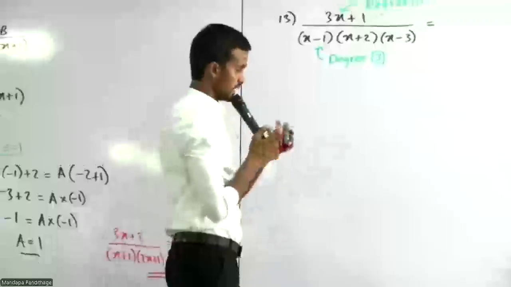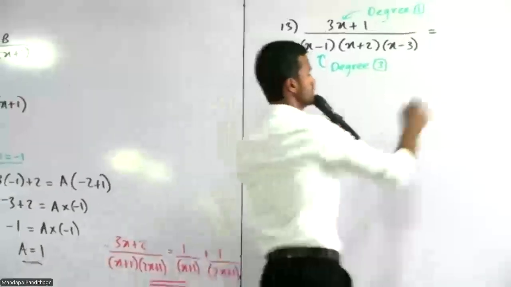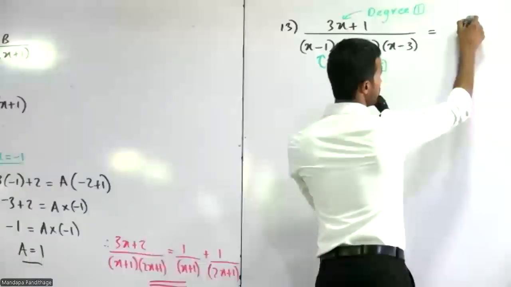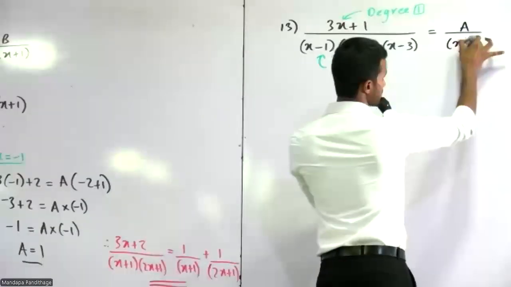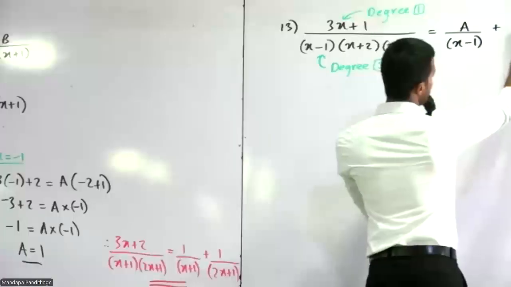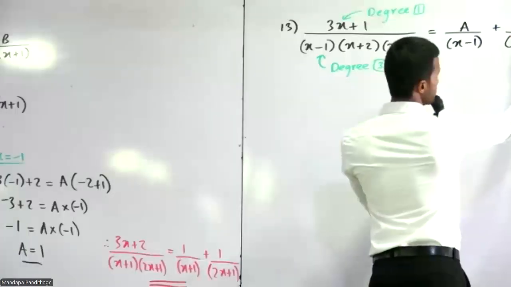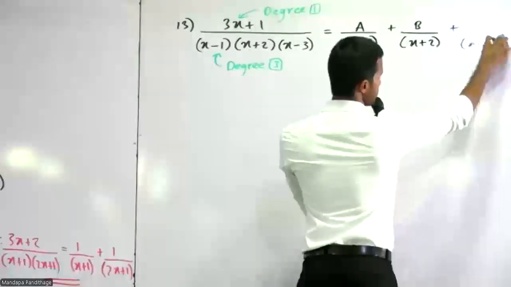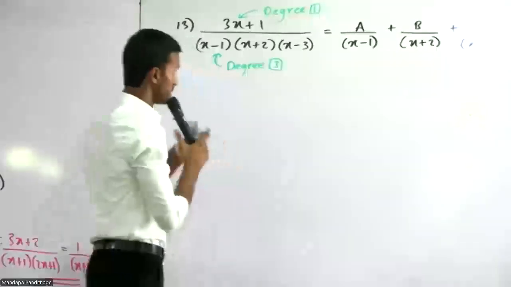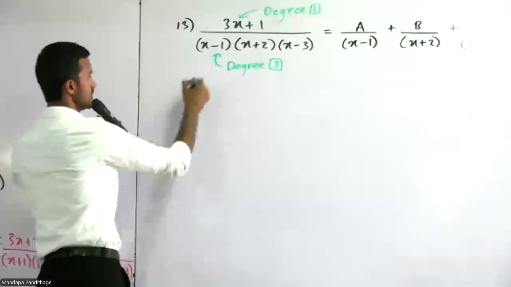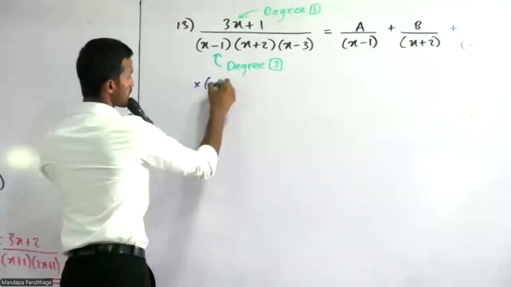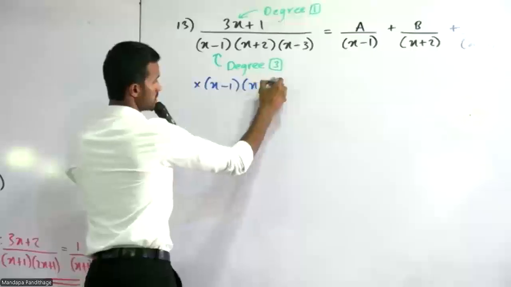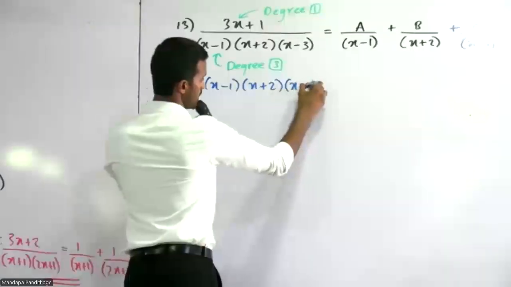Okay. So then it's equal to, we are having three fractions: A over x minus 1, B over x plus 2, and C over x minus 3. Multiply by this denominator, x minus 1, x plus 2, x minus 3.